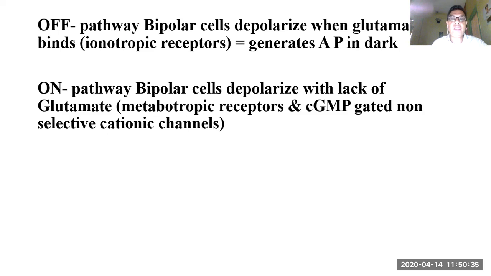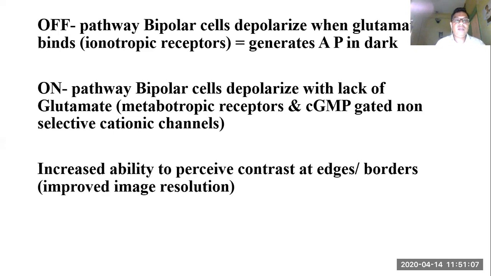When the photoreceptor perceives light, the bipolar cell has lack of glutamate and it depolarizes, thereby activating itself. Depolarization of a neuronal cell is increased activity in a neuronal cell and release of more neurotransmitter in its external terminal. So metabotropic receptors are present and cyclic GMP gated non-selective cationic channels will open. This is something which we can discuss later on.